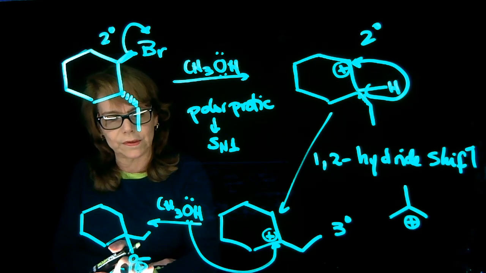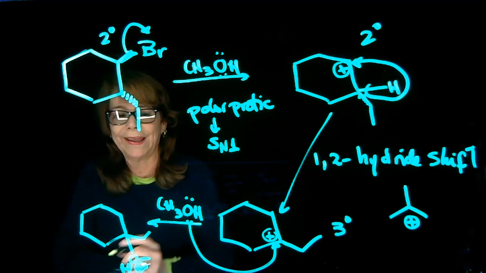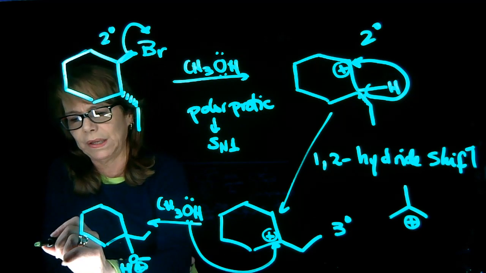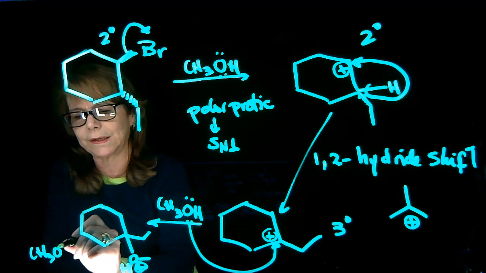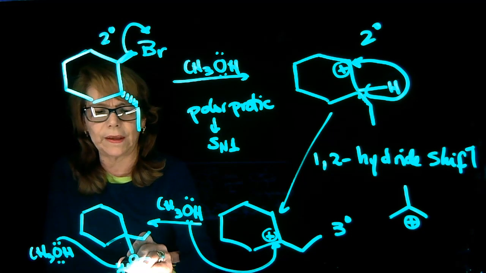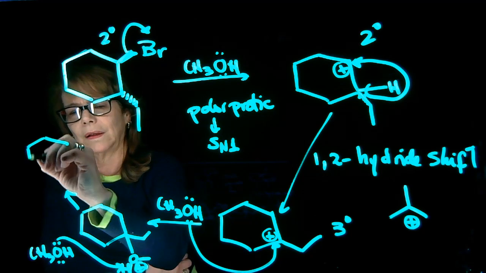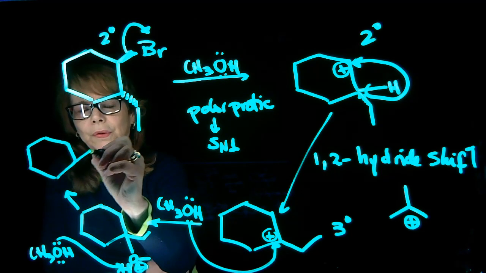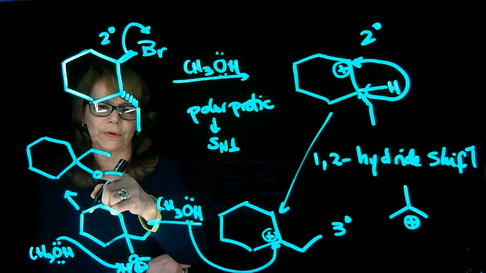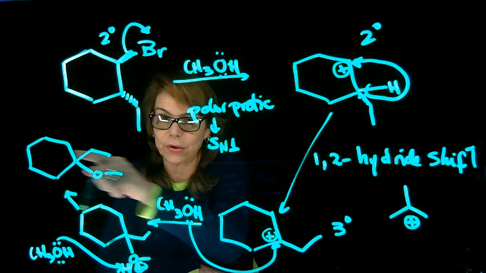You need another molecule of methanol, this time acting as a base, to remove that extra proton. So your final product is an ether. Again, I'm not specifying configuration here, since I don't have a chiral center in this molecule.